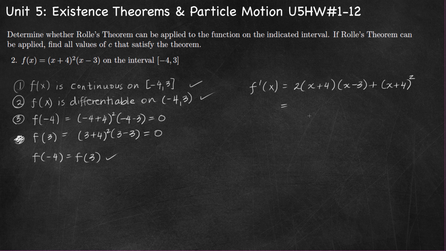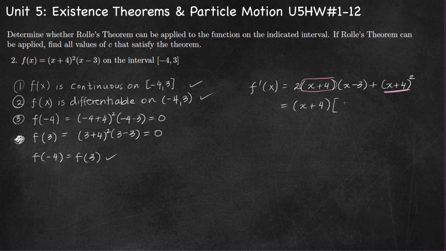Now we want to know, where does this equal 0? So I'm going to do some simplifying first. Ideally, I want this to be in factored form so I can solve it more easily. So each one of these terms has x plus 4 as a factor. I'm going to factor out an x plus 4. So here I'm factoring out this x plus 4, and here I'm factoring out one of the x plus 4s.